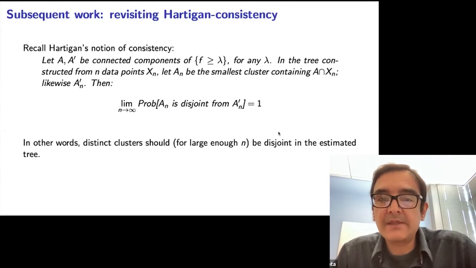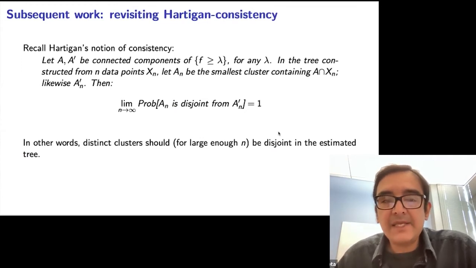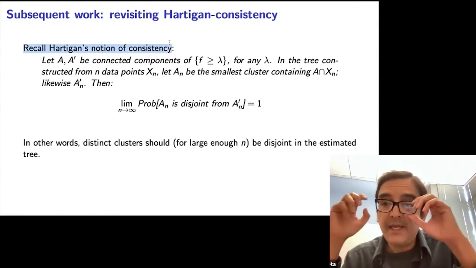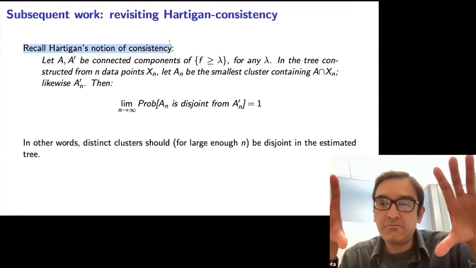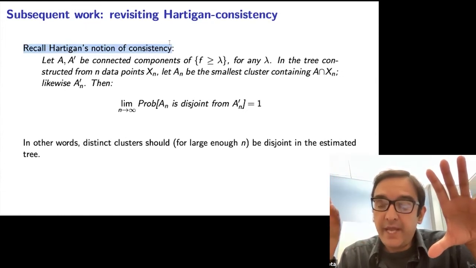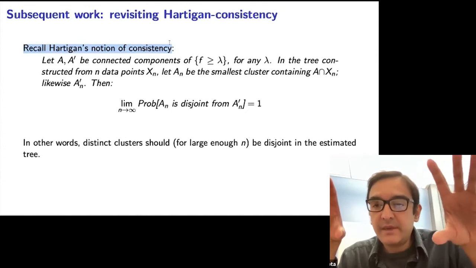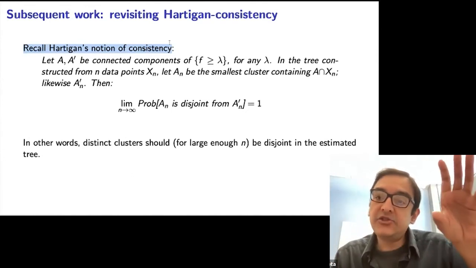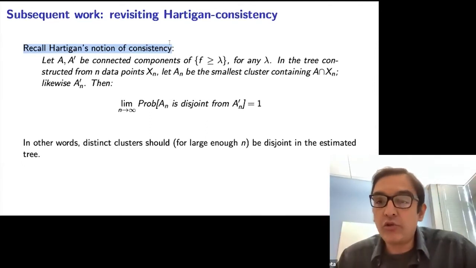Okay, so this paper was published a dozen years ago, and since then there has been some other work on a particular aspect of this problem, and that has been revisiting Hartigan's notion of consistency. So if you recall, the way Hartigan defined consistency is that if you have two clusters, then for large enough n, there's going to be some subtree that contains all the points of one cluster and a disjoint subtree that contains all the points of the other cluster, okay?